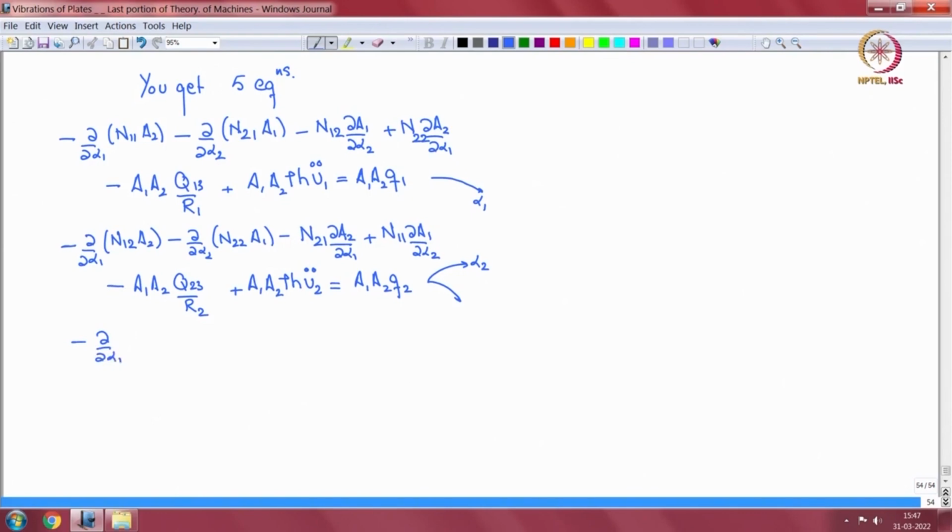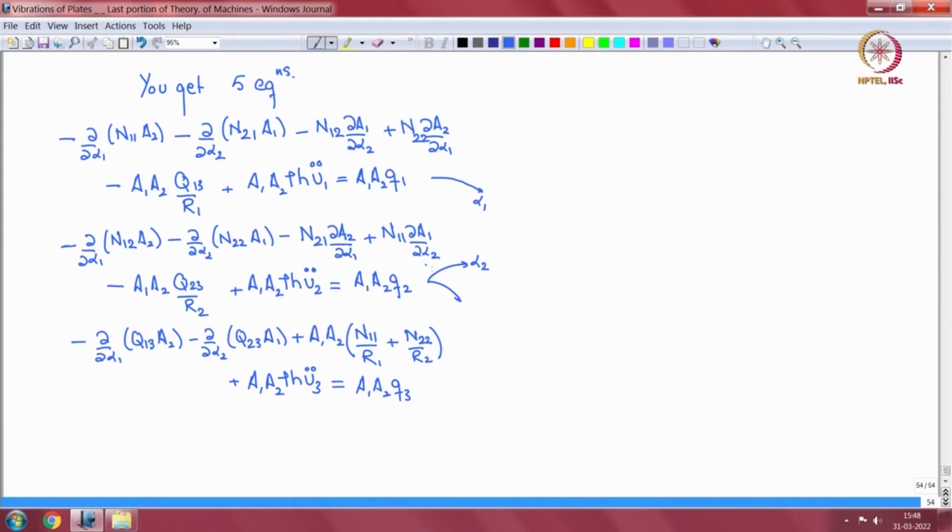minus del alpha 1 Q13 A2 minus del alpha 2 Q23 A1 plus A1 A2 N11 by R1 plus N22 by R2 plus A1 A2 rho H U3 double dot, that is equal to A1 A2 Q3.